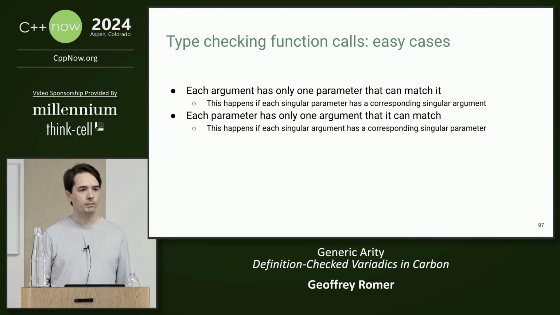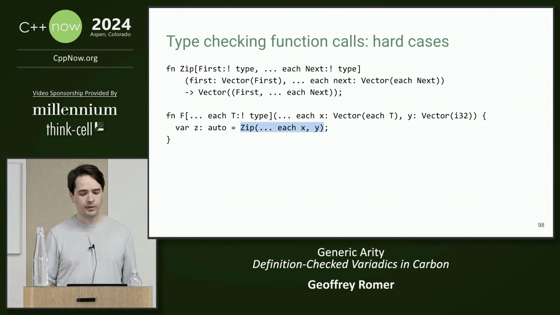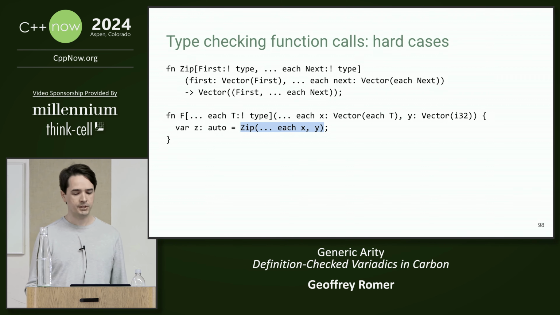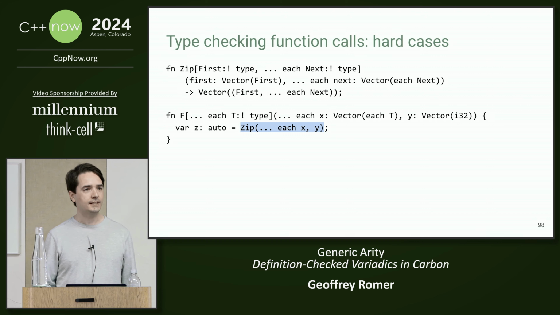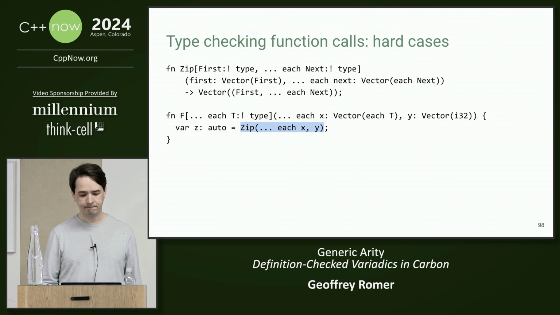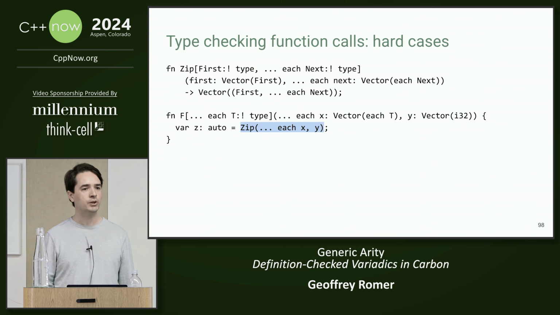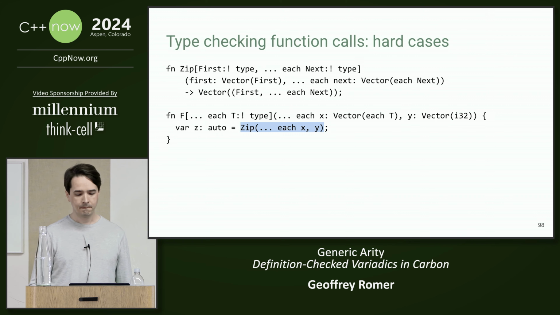So zip takes a bunch of vectors of values as arguments and returns a vector of tuples of those values. In this case, the author's chosen to require at least 1 argument by adding a singular parameter to the front. And the call site has at least 1 argument, but it's at the end of the argument list instead of the beginning. And that means we don't have that simple pairing off of arguments and parameters that we've had up till now.